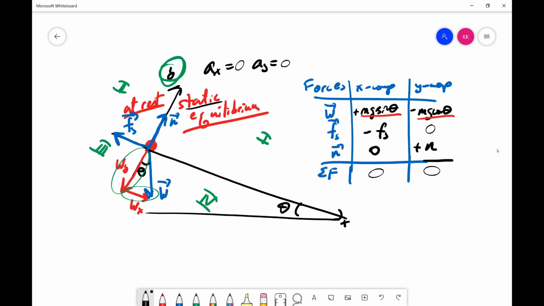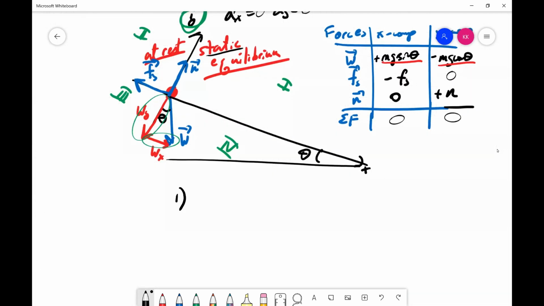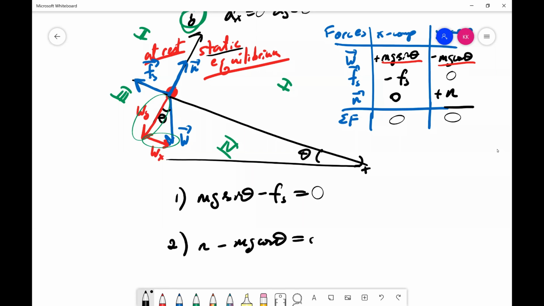So in this particular case, equation 1 gives me mg sine of theta minus static friction equals 0. Then equation 2 gives me normal force minus mg cosine theta equals 0. Those are the two equations you get from the force table.